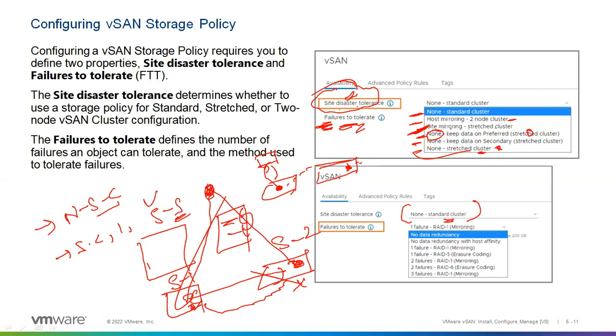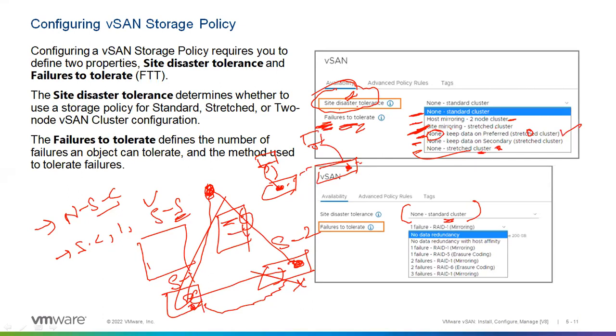Obviously, if you think about keeping the data on the stretched cluster's preferred site versus the secondary, the main difference is this: if I say the preference is site 1, my VM can be hosted on any of the sites, but if I select this option, my actual data will be stored on the particular site I have given as a preference.